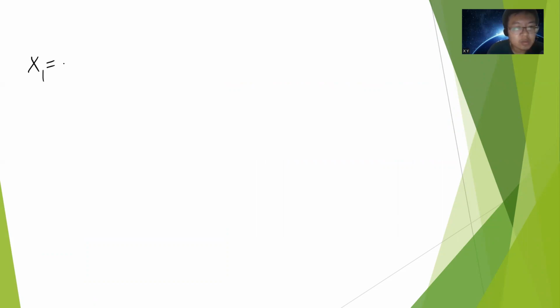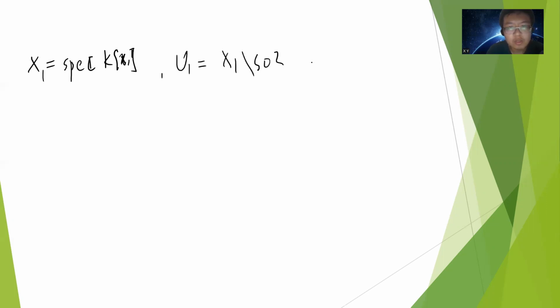You can take X1 to be the spectrum of k[x1], the affine line, and then you take U1 to be X1 minus the 0 point. So it's the spectrum of k[x1, 1/x1], since x1 can be non-zero, so you can take 1 over x1. It cannot be 0.